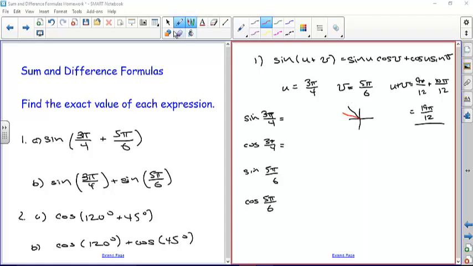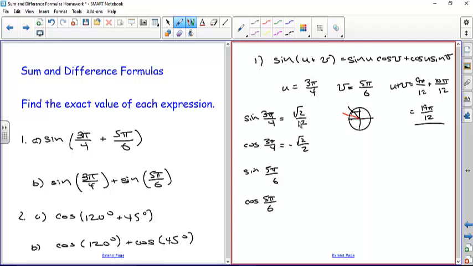So if I draw a circle, and you think about what the values are, remember the cosine is the x-coordinate, so this is going to be negative square root of 2 over 2, and this is going to be positive square root of 2 over 2, because the coordinates at this point are negative x, positive y.